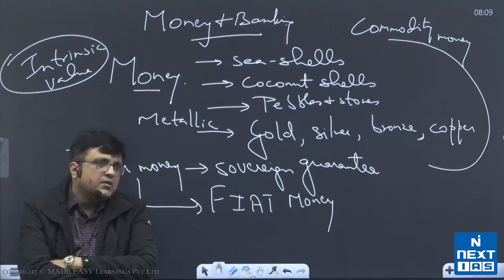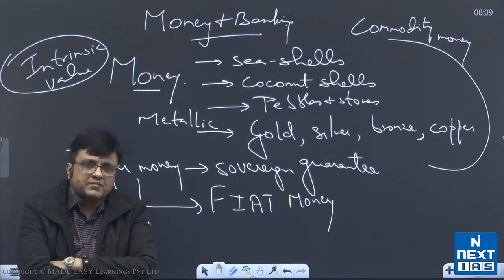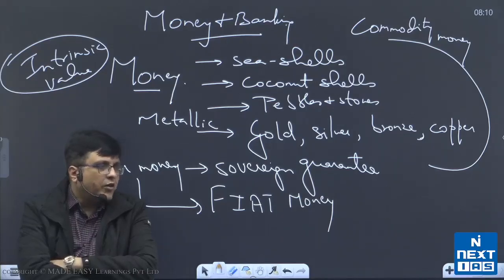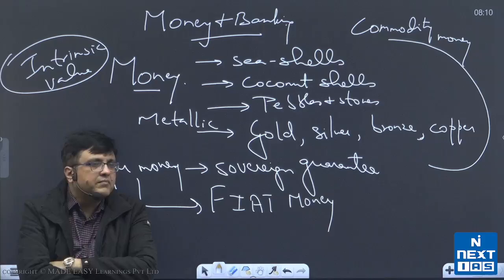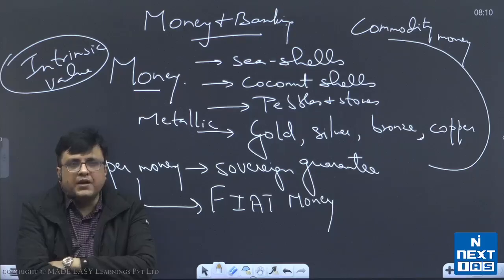Full stop. Under the barter system, there were multiple prices for each commodity.